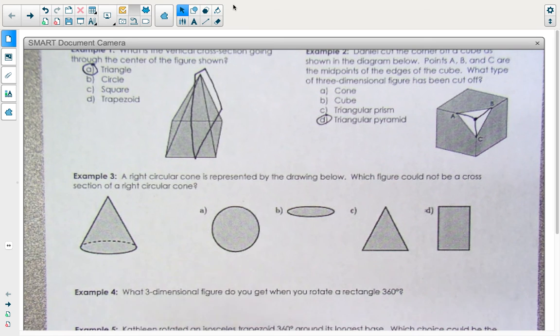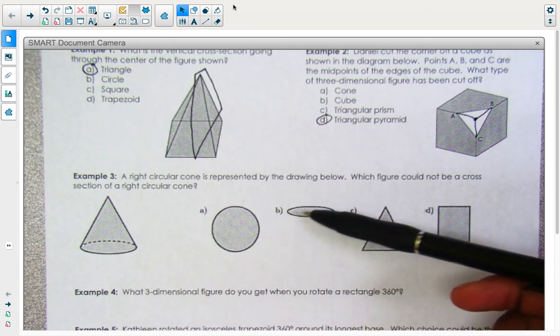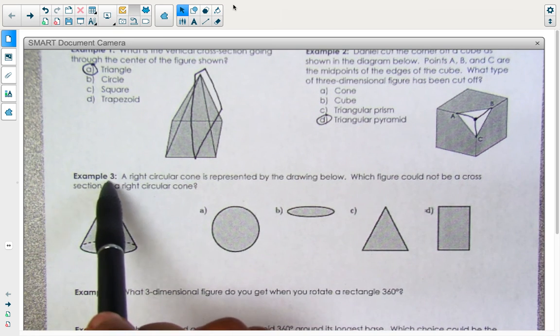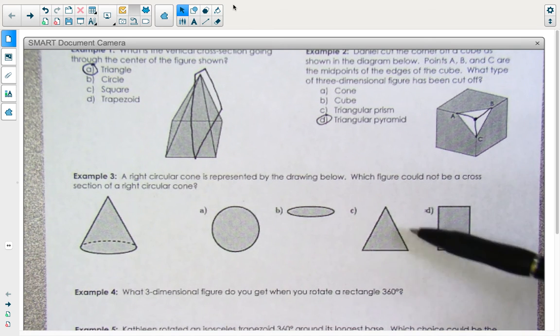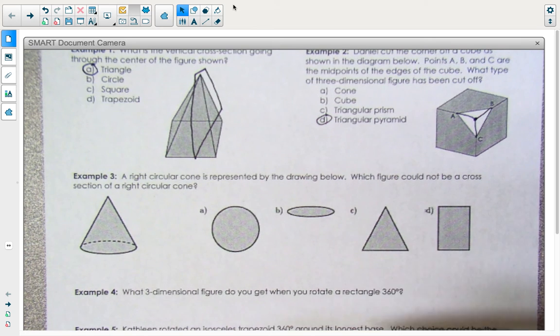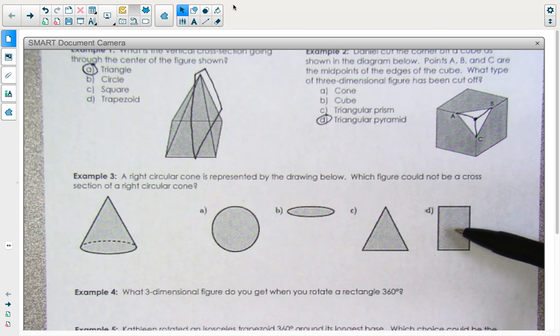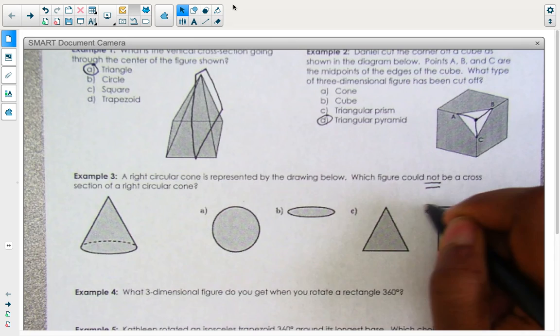If I cut horizontally, parallel to the base, I'm going to create some sort of circle or oval. So that's going to be A or B. If I cut it straight through the middle, up and down, it's going to make a triangle shape. That leaves C, because a cone is like an upside down triangle with a circle on top. So it's going to make a triangle. So the only cross section that is not going to be made, and again it says not, is D.